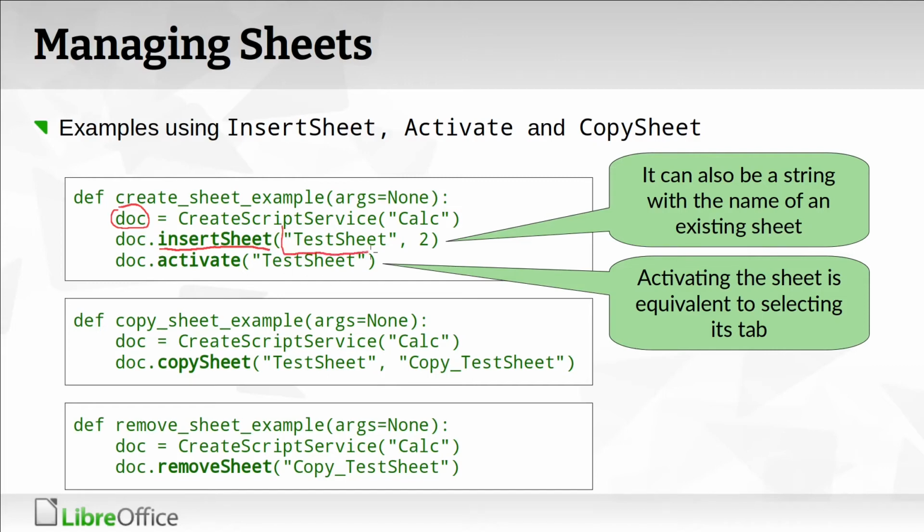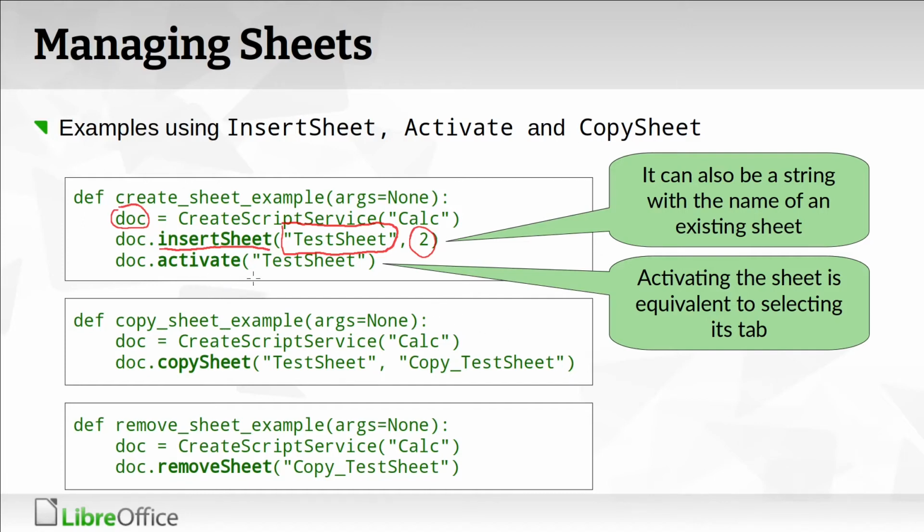So it will insert a new sheet called test sheet, and it will be created before the second sheet that already exists in the document. So this is an optional argument that defines where this new sheet will be placed. We could have used a string here referencing an existing sheet, and then the new sheet would be placed before the existing sheet that we passed here, okay?